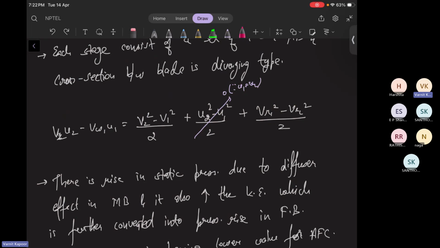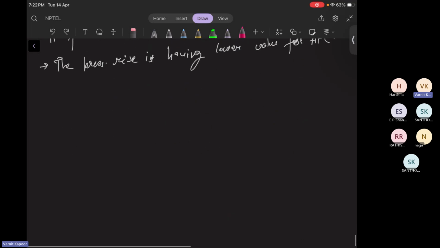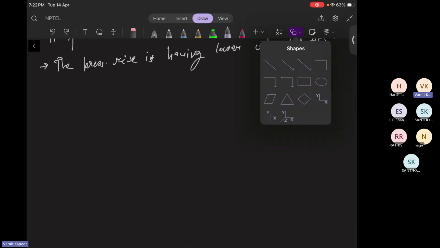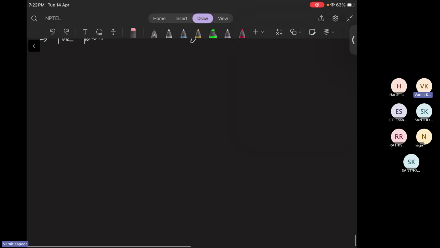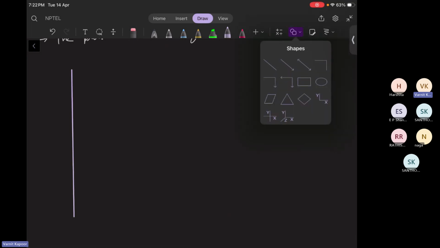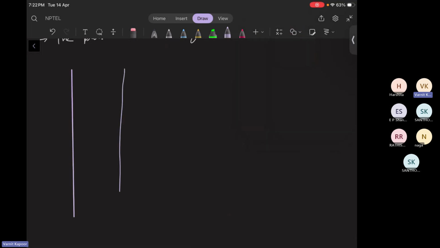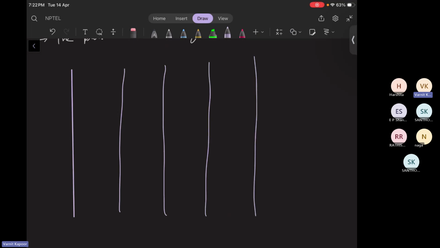So how will the velocity pressure diagram look here? Let me draw it directly. 1, 2, 3, 4, 5, 6.